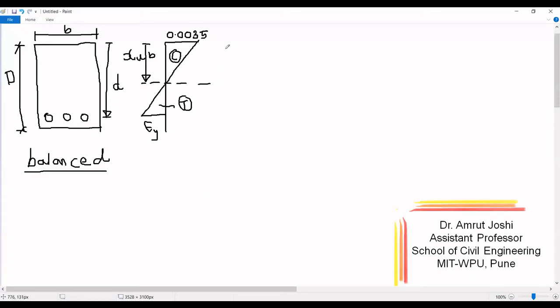So what are the known quantities? The ultimate compressive strain in uniaxial compression of concrete has been reached at the level of the extreme compression fibers, so we know this value of strain. We also know that the steel has simultaneously started yielding. Therefore, the value of tensile strain in steel is known, and that is epsilon y.